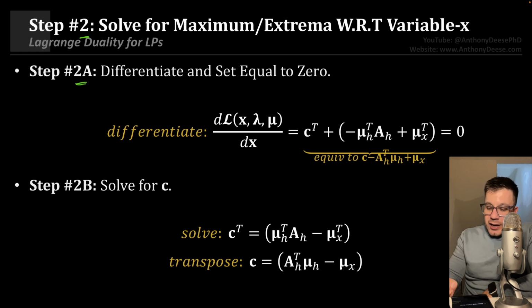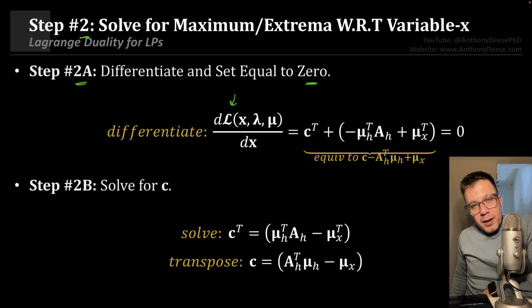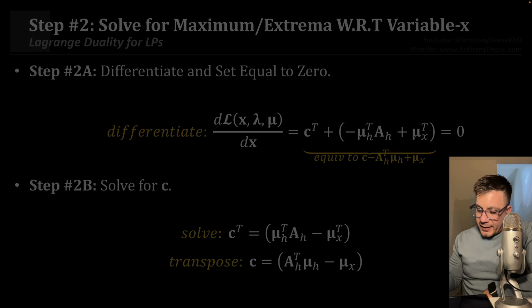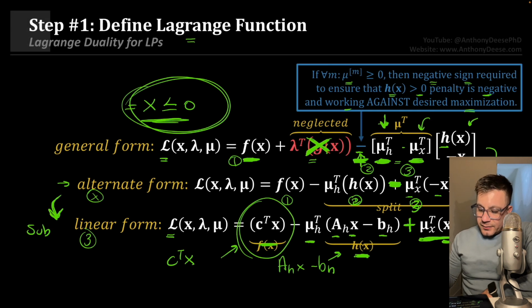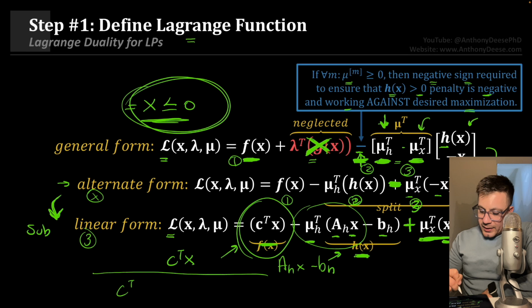2a is to differentiate the Lagrange function and set this gradient equal to 0, right? This is a similar process to what we've used in many other previous problems and modules. So we take the derivative of the Lagrange function with respect to x, and if we go back here, we see that this term right here will simply yield us c transpose, because the x goes away. This term right here will yield minus mu h transpose times a sub h, the x goes away.